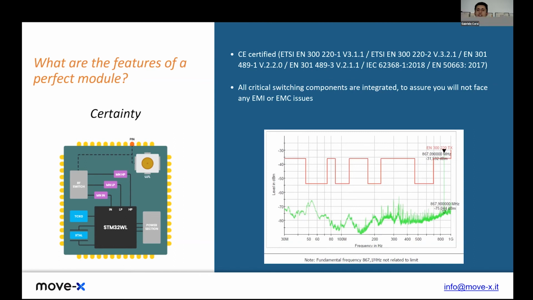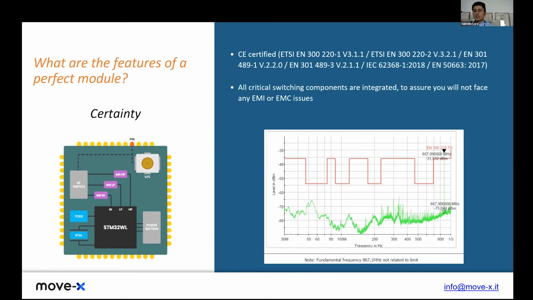Our module comes CE certified with all the radio standards that are here in Europe. We are also going through FCC certification, of course, so soon we will get it as well. And that's why I talked about certainty. By using this module, you are 99% sure that you will pass the certification, regarding the RF aspect of your board, because everything is integrated inside the module.